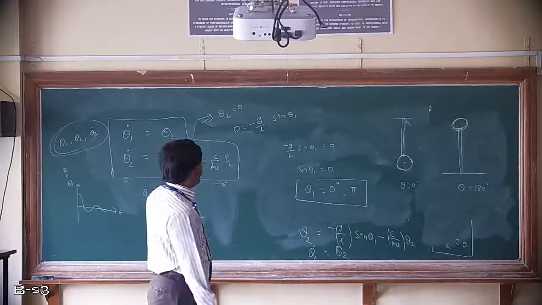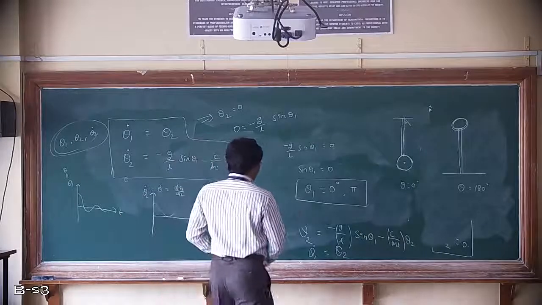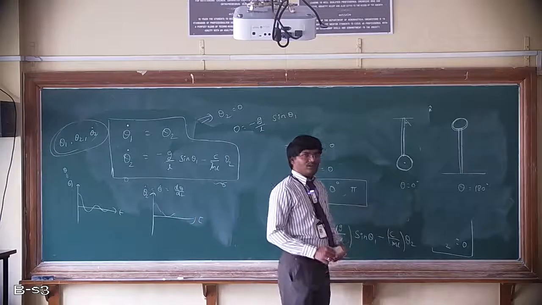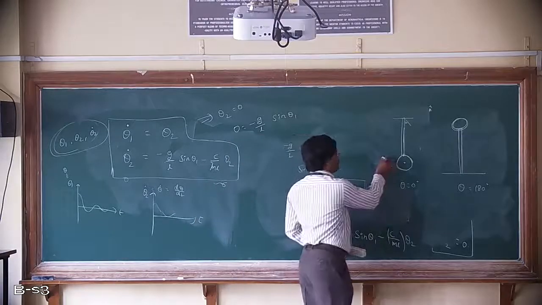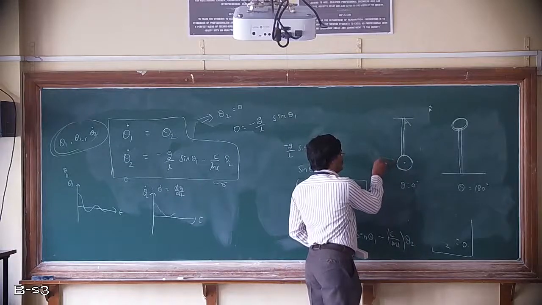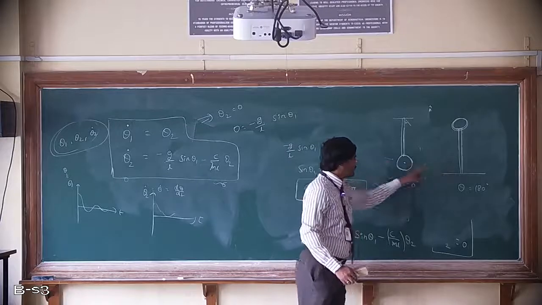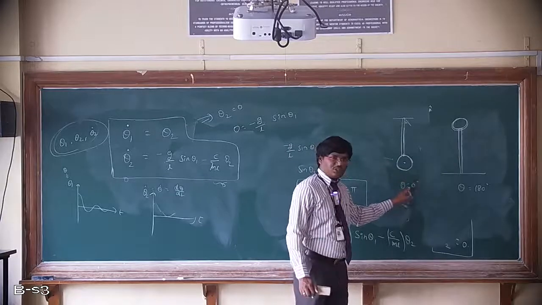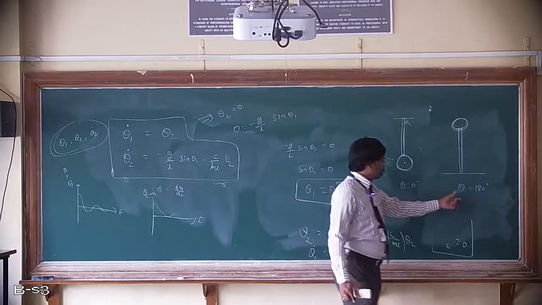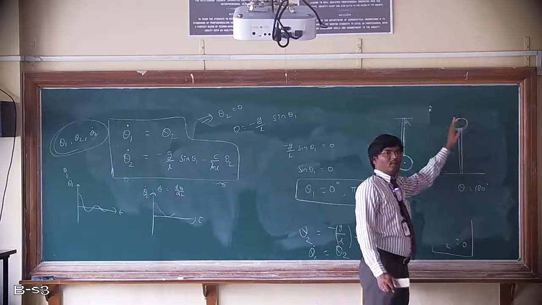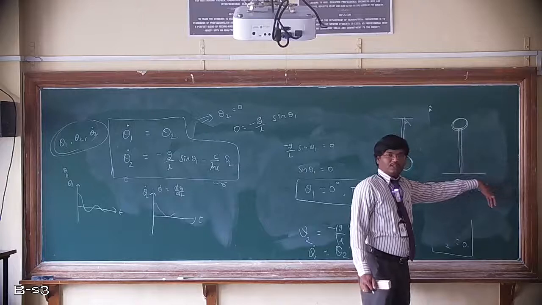But what will happen here? At 0 degrees, at theta is equal to 0, if you give some small disturbance, it will oscillate and come back to the original position. At theta is equal to 180 degrees, if you give some small disturbance, it will move away from the initial position, right?